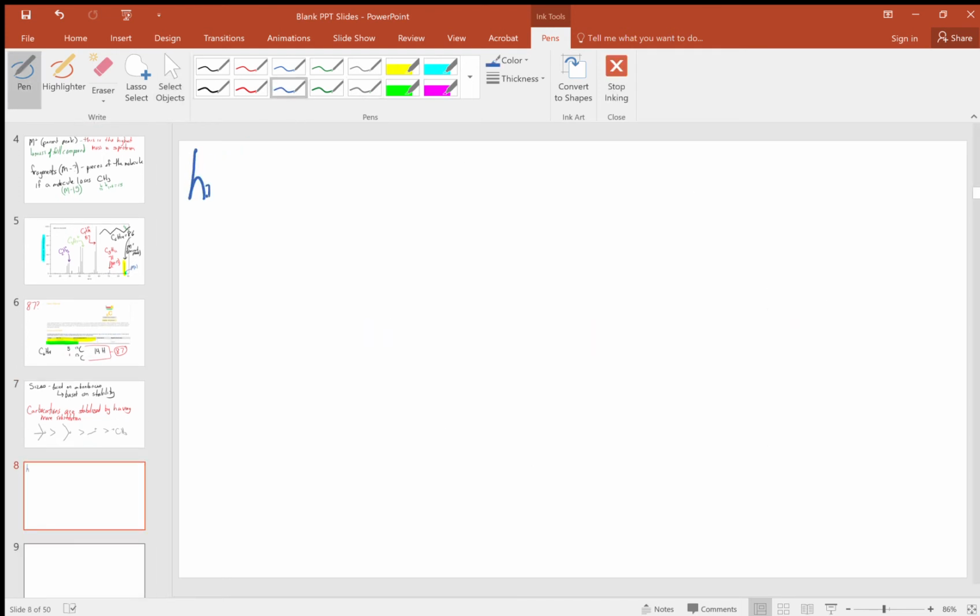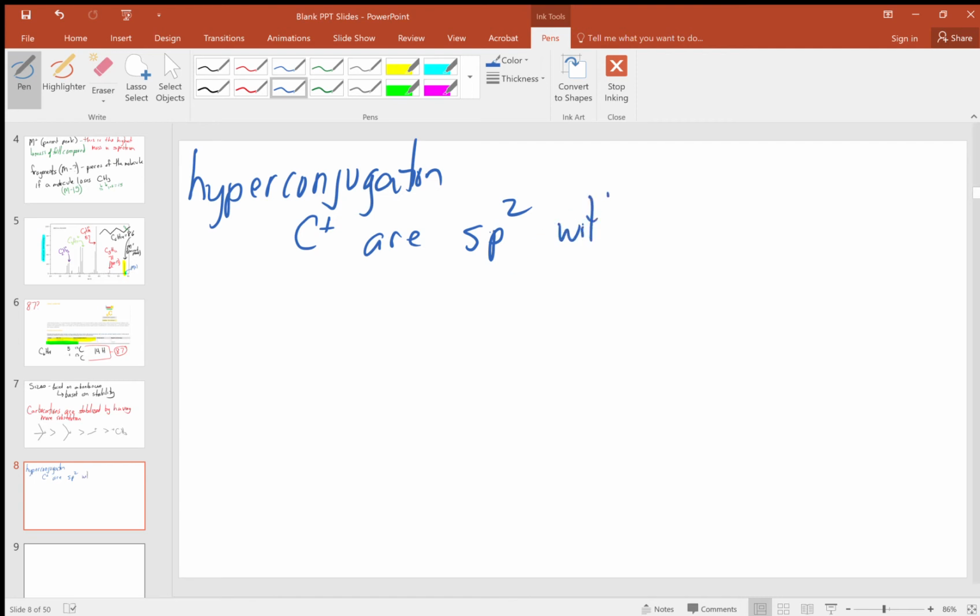So this has to do with something known as hyperconjugation. First of all, we want to say that a carbocation is generally going to be sp2. So carbocations are sp2 hybridized with an empty p orbital.